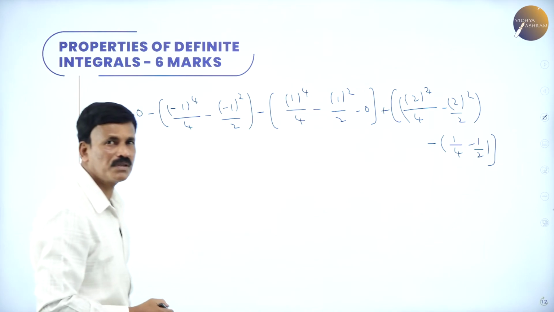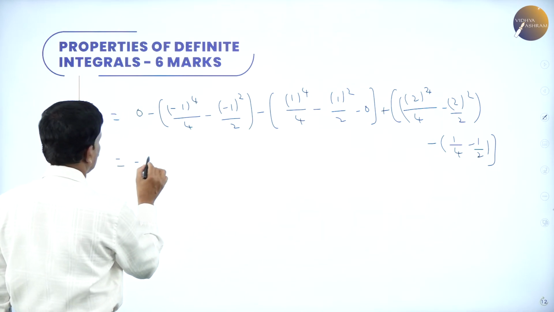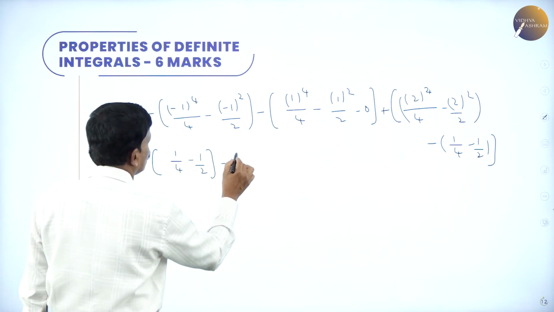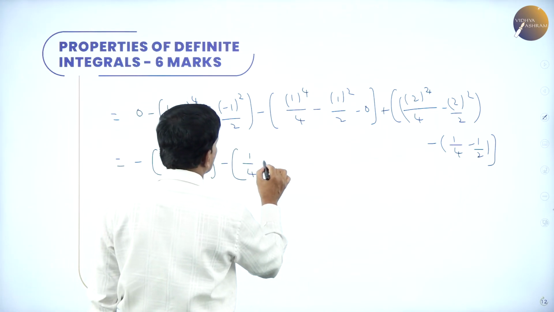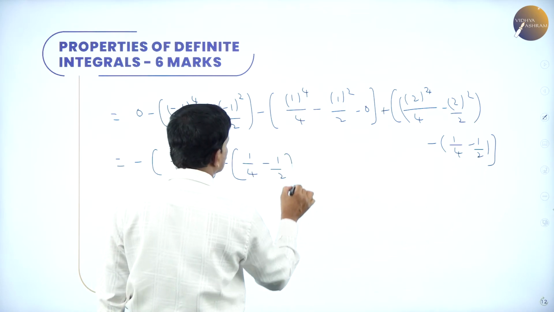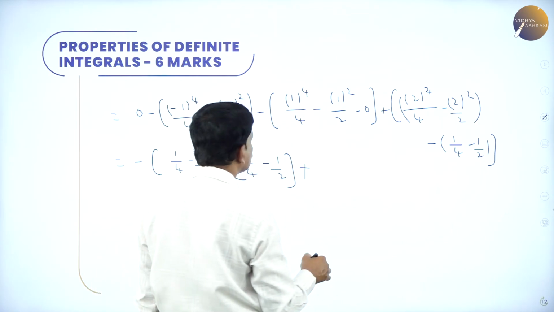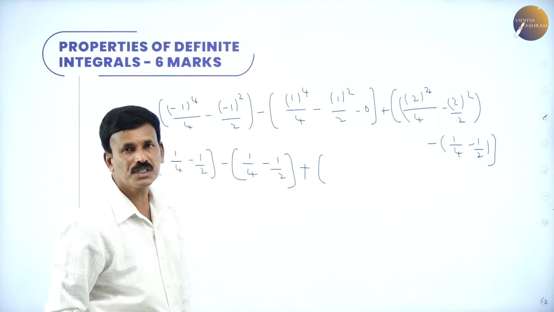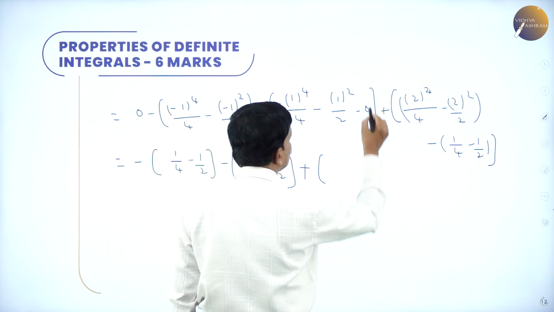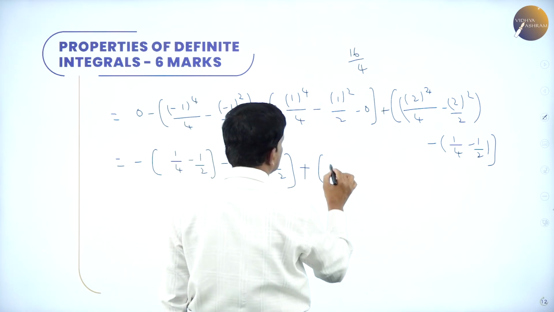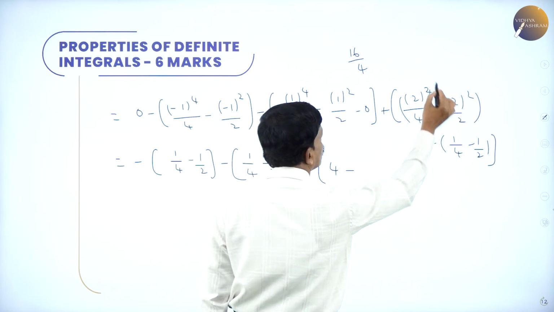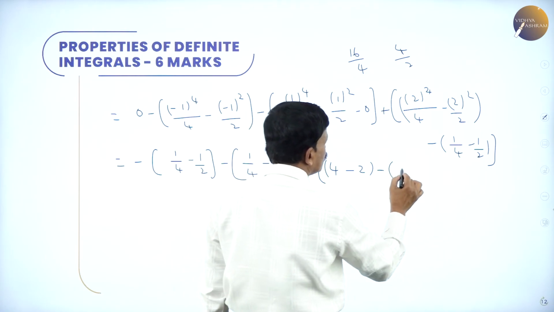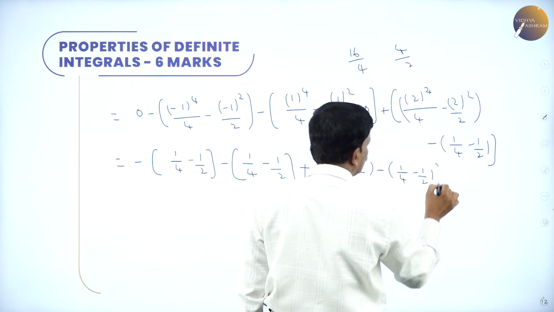Simplify this. So if you simplify this, you will get the answer. This is minus of 1 by 4 minus 1 by 2, minus 1 by 4 minus 1 by 2, plus 2 to the power of 4 is 16, 16 by 4 is 4, minus 2 square is 4 divided by 2 is 2, minus 1 by 4 minus 1 by 2.